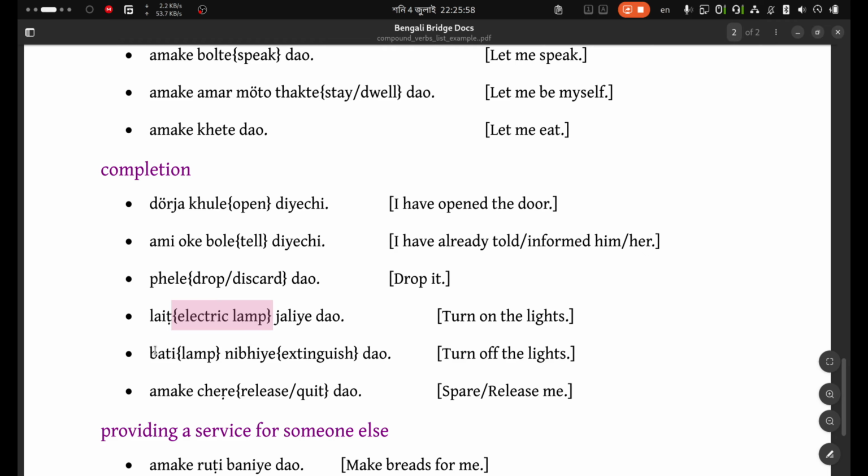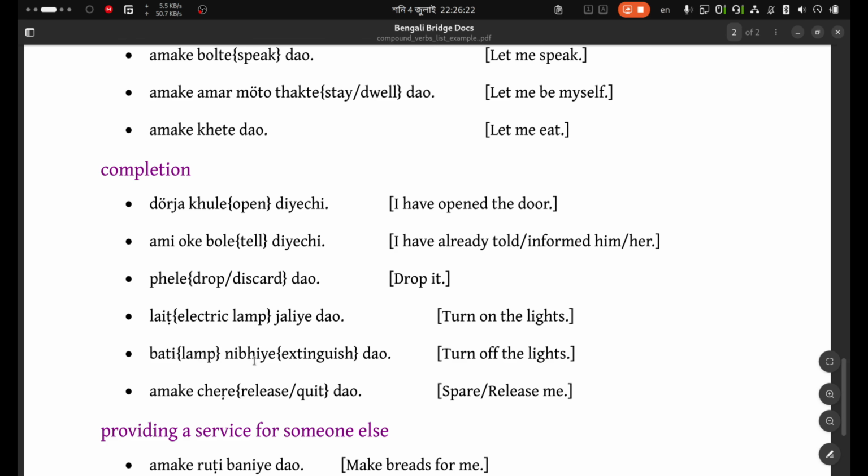But if you use the Bengali word bati, it can mean an electric lamp, or it can also mean a non-electric one, and you can use either one. Both are fine.